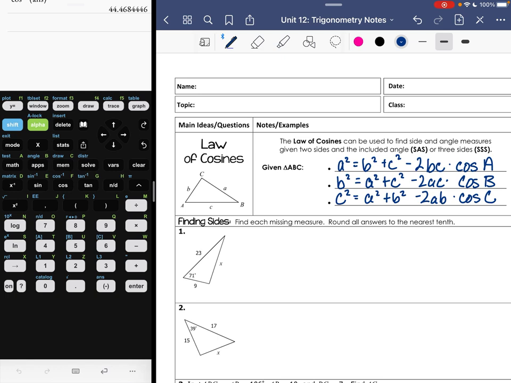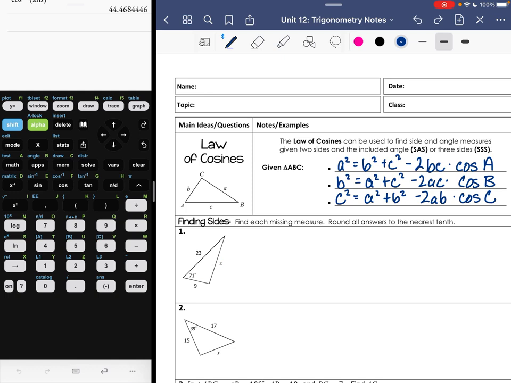So these first three, we're trying to find a side. So it is the situation where we have side, angle, side, and then we're trying to find the other side. And this is kind of the easy version of this because all of your information goes to the right side of the equal sign and what you're trying to find is on the left. So in this situation, we're trying to find x. It is opposite of 71 and we know the other two sides.